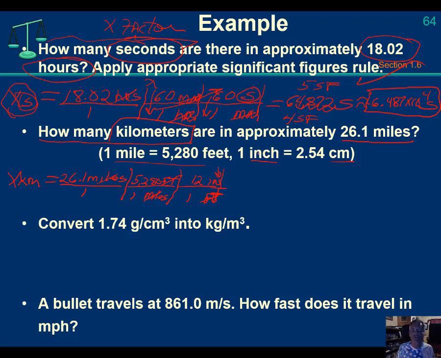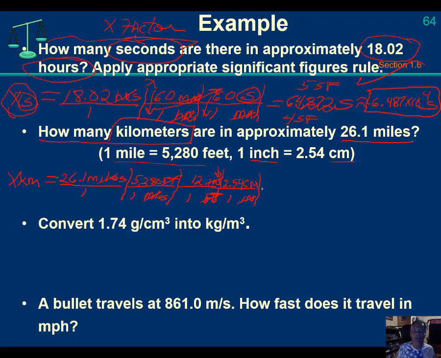So now I'm in inches, and I can use this conversion factor. So I want inches in the denominator. I'm going to put centimeters in the numerator. And this says that 1 inch, inches is the larger unit, and it's equal to 2.54 centimeters. All right, so when I multiply and divide, inches cancel.